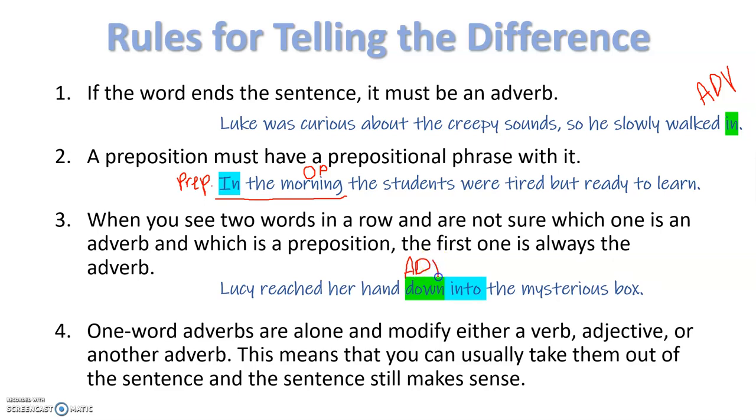You could say, Lucy reached her hand into the mysterious box, and take it out of the sentence, and it would still be grammatically correct. We also know it's an adverb because it's modifying where she reached. Into is our preposition. And we have an object of the preposition as well, which is box.